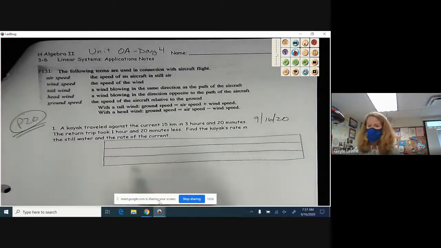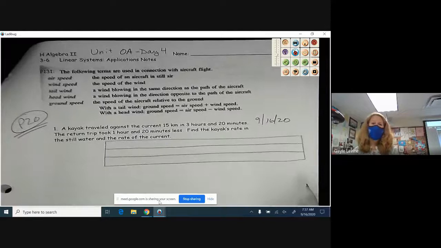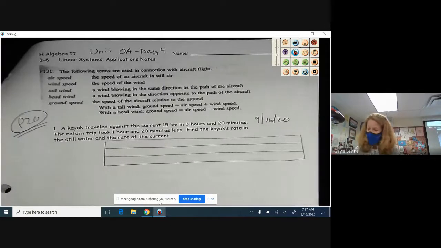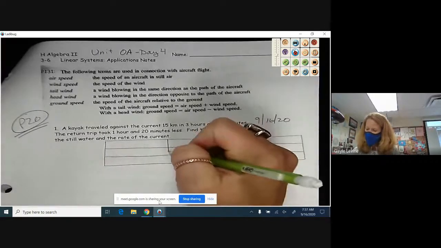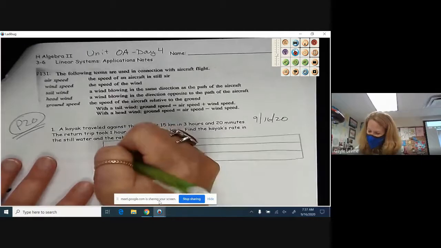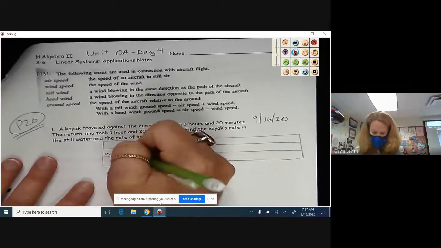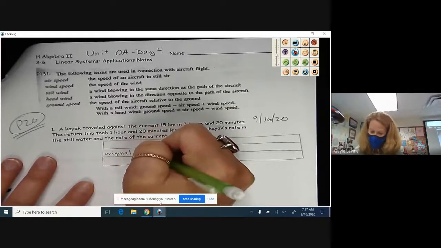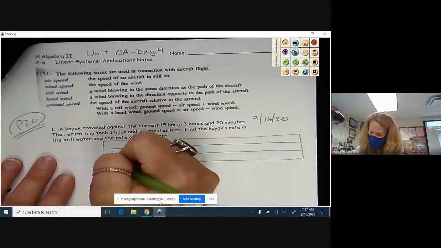So I'm going to make a little chart here. Give yourself some space. I did 3 long rows, and then I need some space so that this top left block will be blank. I'm going to call this original trip, and then the one below, return trip.